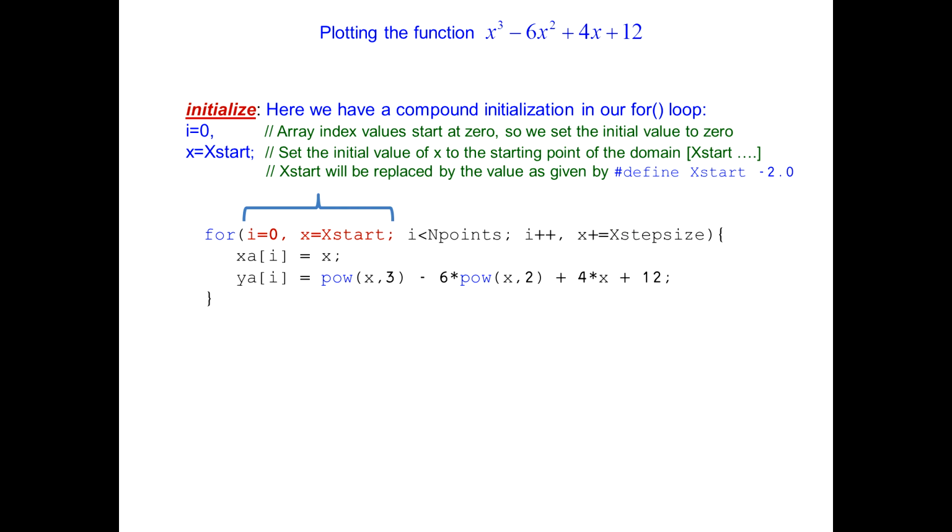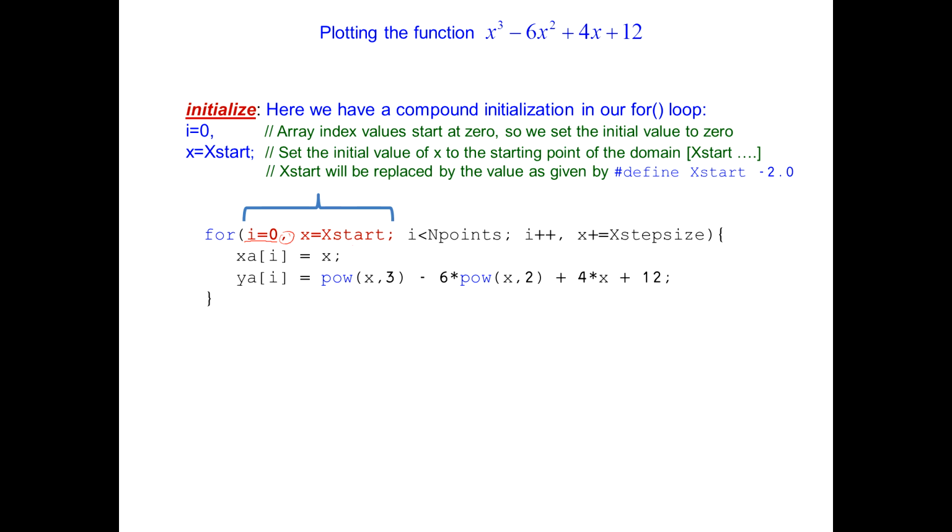All right, so here's our for loop, and this is actually where we generate all the values, and we are going to use a compound initialization here. Notice we've got the comma here. We are going to start with our index i equals 0 because our arrays start at 0, so that's where we want to index the position in the array, and we are going to start with x equals x start.